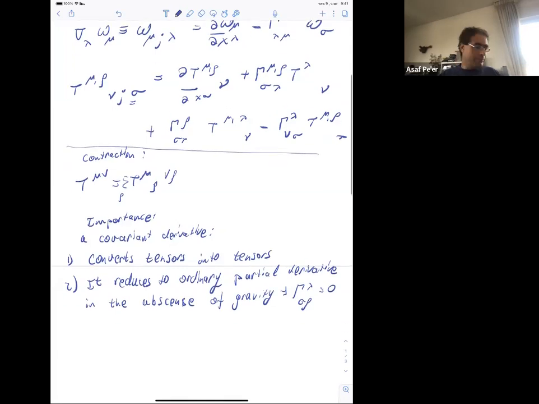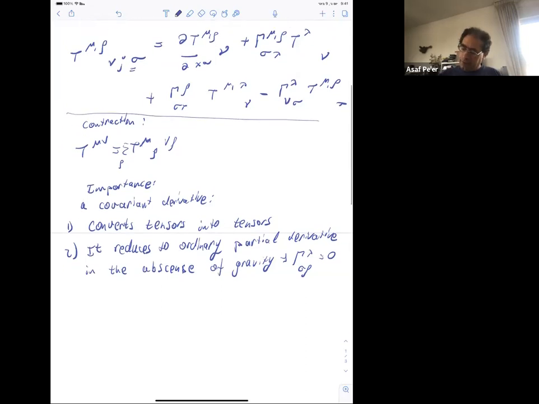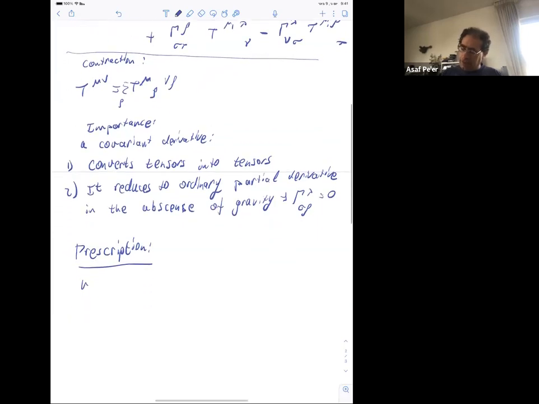We take an equation that we write in the framework of special relativity, so we don't need gravity. We take an equation that we know holds in special relativity.